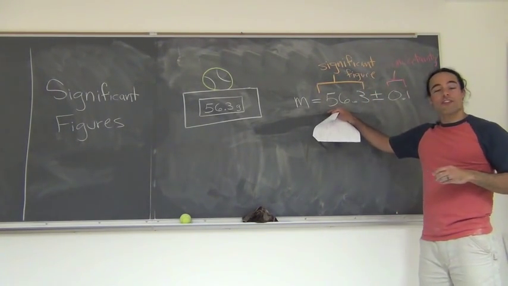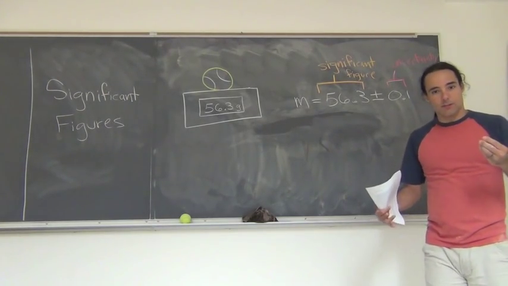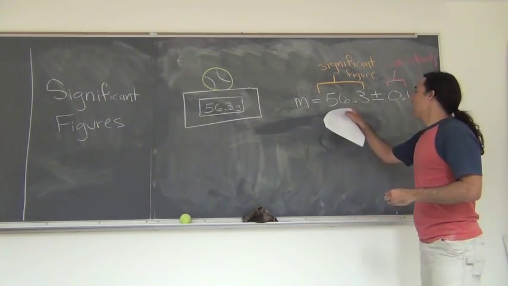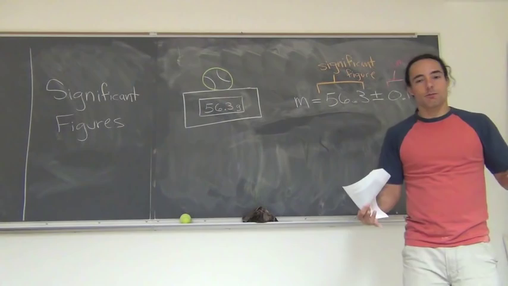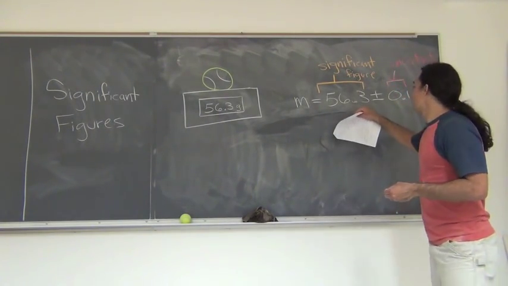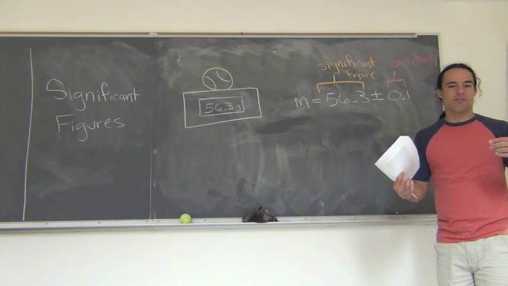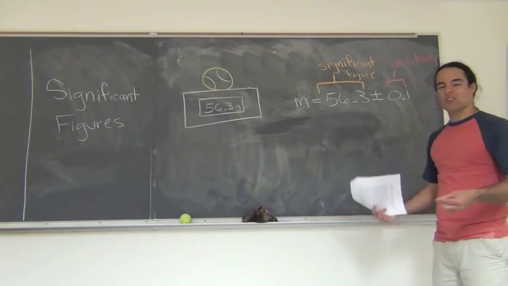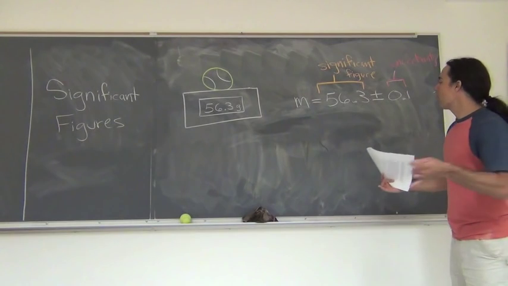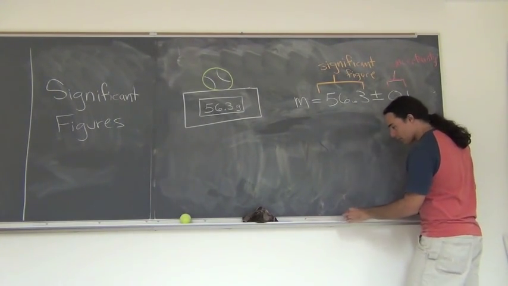Now I'm very sure that the 5 is about right. I expect it to be about 50 grams. I'm pretty sure that the 6 is about right. I expect it to be about 56 grams. The 0.3, maybe it's as low as 0.25, maybe it's as big as 0.39. You can't really tell. This one is more of an estimate.